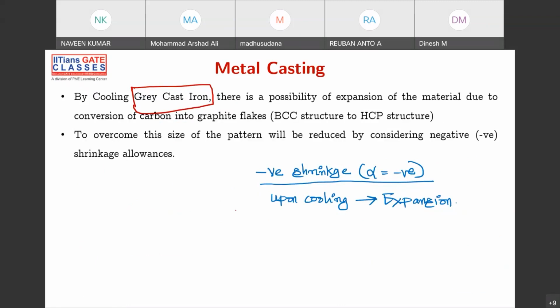Graphite flakes are nothing but, have you ever seen the diamond structure, or some kind of very hard structures? Flakes, in the sense, I can say high carbon lumps. Graphite has a high carbon content.